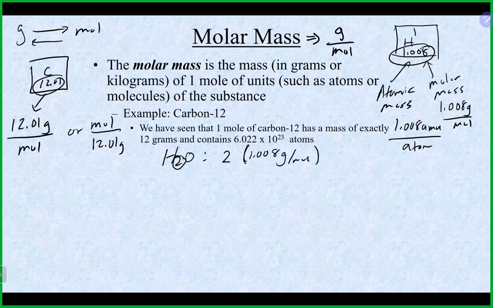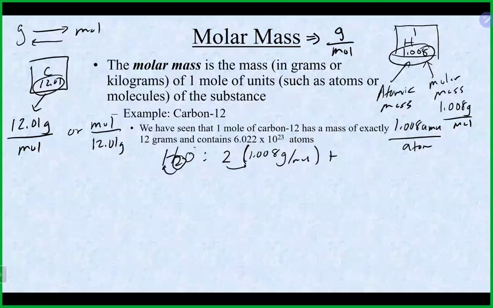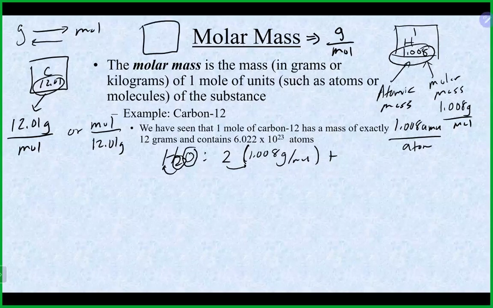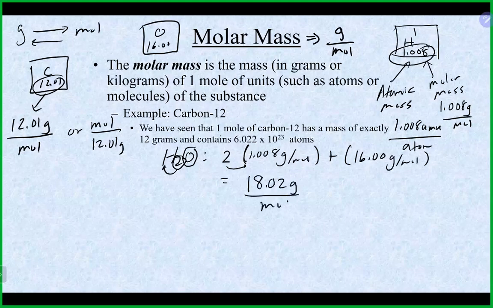There are 2 hydrogens here, so we have to multiply that by 2. We would then add it to our 1 oxygen that is present. And if you go to the periodic table for oxygen, you will see 16 written down there, and that would give us 16.00 grams per mole. Adding that together gives us the molar mass of water of 18.02 grams per mole.